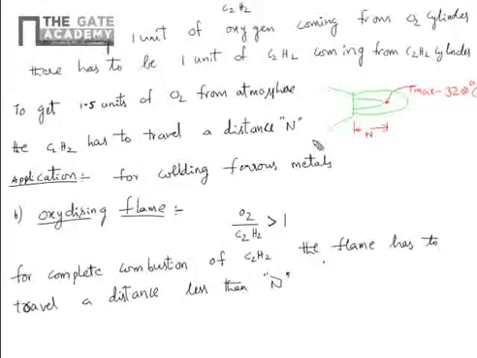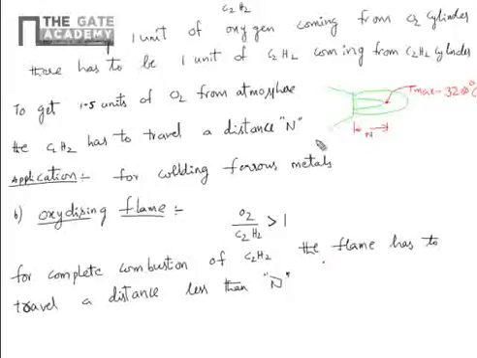Suppose, for example, you are sending 1.5 units, so we need only 1 unit from the atmosphere for complete combustion, as we know that we need 2.5 units of oxygen for every 1 unit of acetylene. So we need less oxygen from the atmosphere, and the flame will travel less distance.